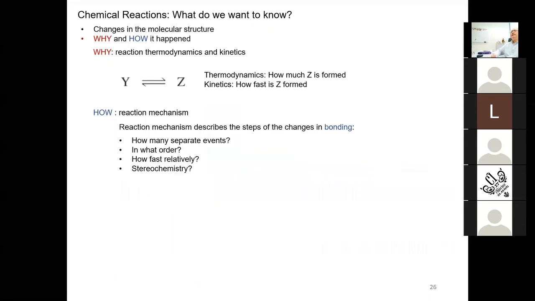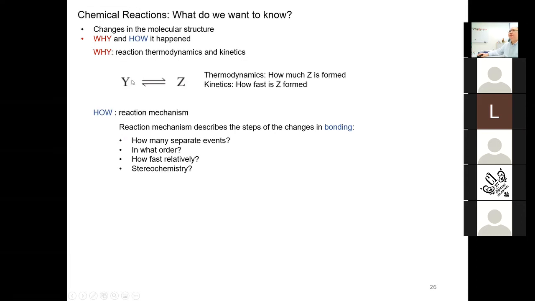Just as I said, we want to know why and how it happened. Particularly important concepts here are thermodynamics and kinetics. For example, from Y to Z, thermodynamics considers how much Z is formed. What's the equilibrium, and what's the equilibrium constant?